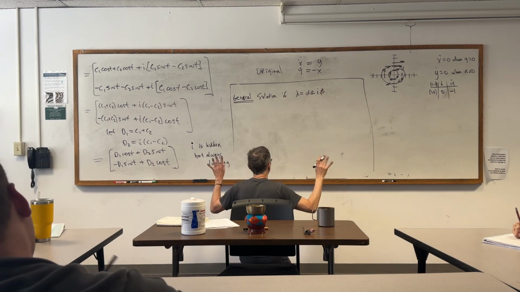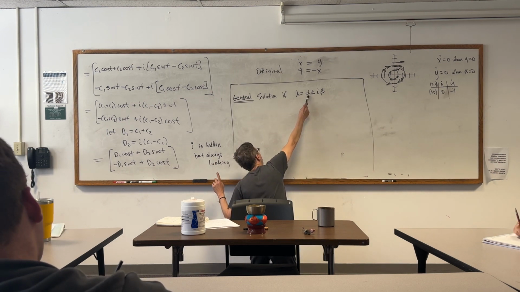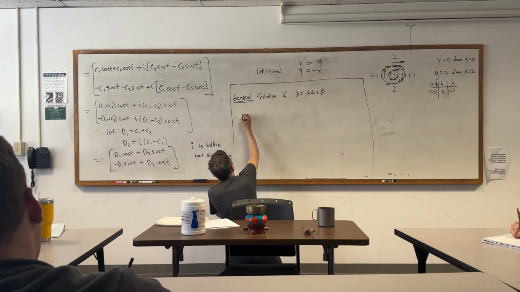Now we just had pure imaginary things here. It gets a little more interesting when you've got a non-zero real part. But here's what your solution is going to look like.